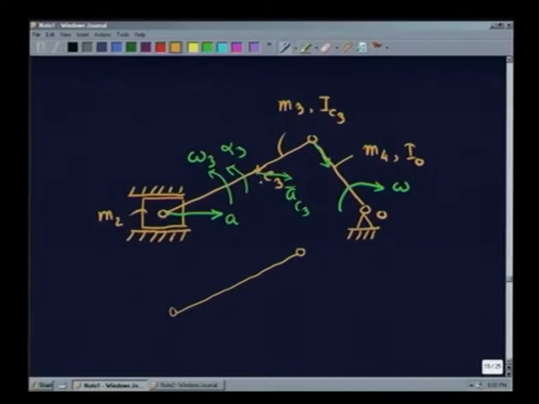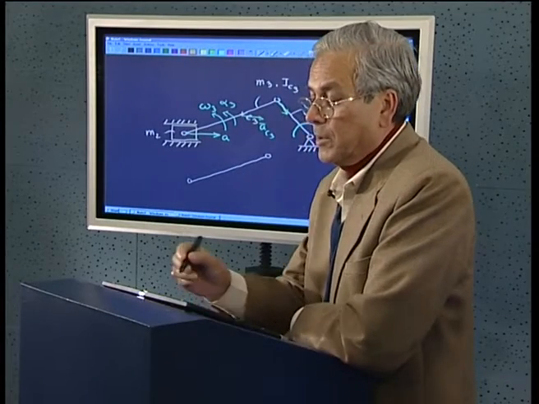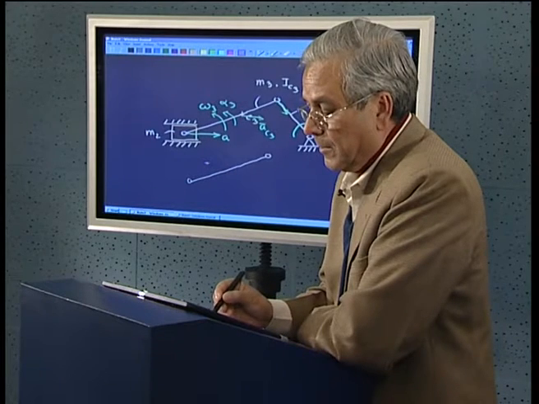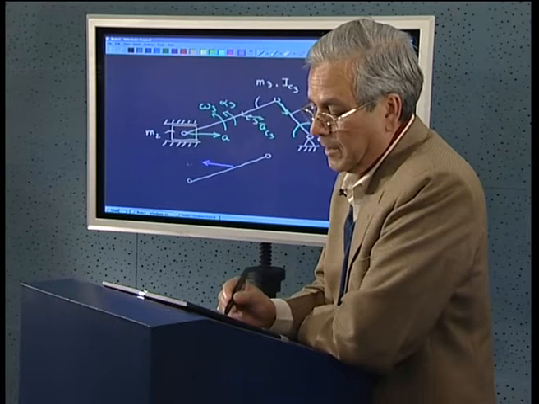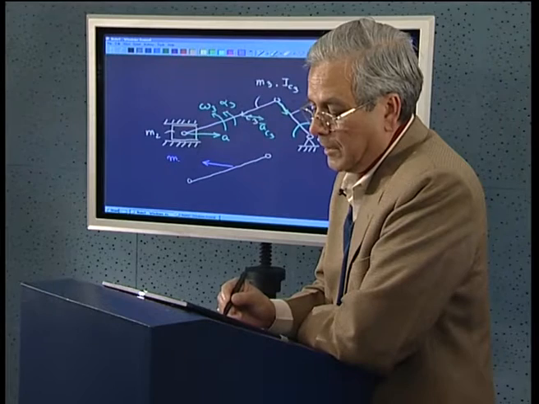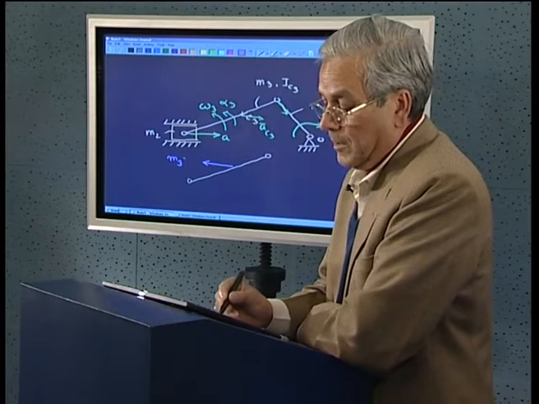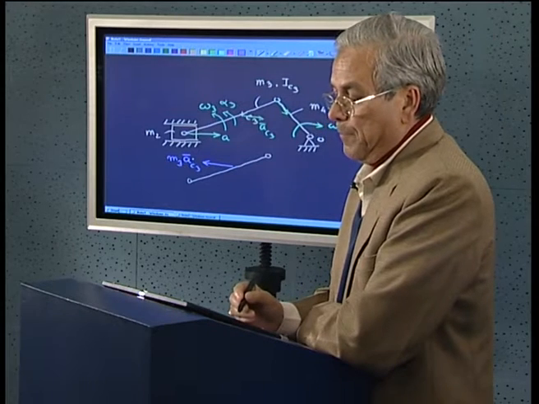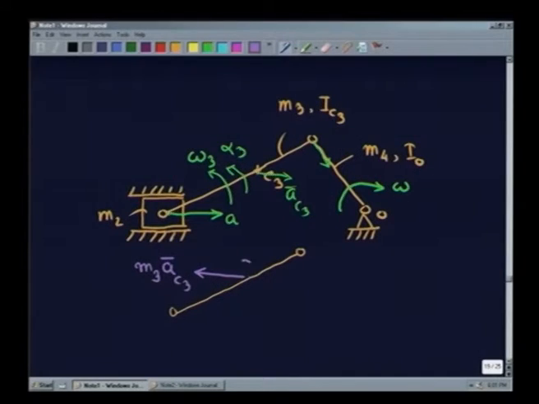what will be the inertia force and moment on this? We know that the inertia force will act here, which is nothing but the mass of this link 3 into the acceleration of the center of mass 3, and the moment will be minus I c 3 into alpha 3.